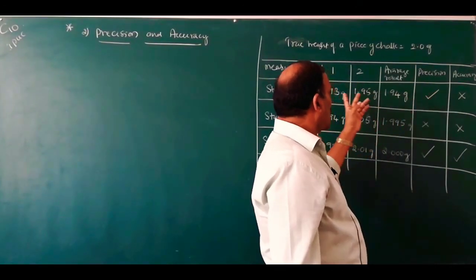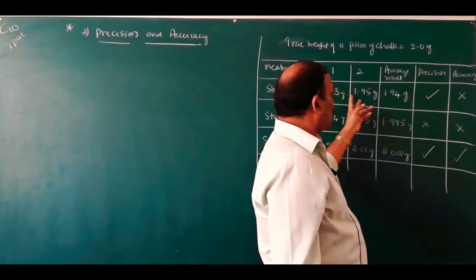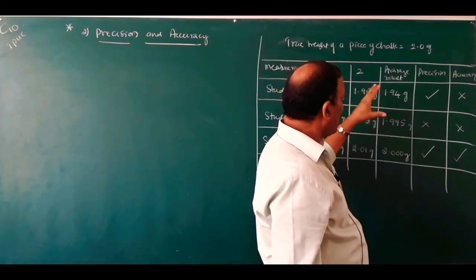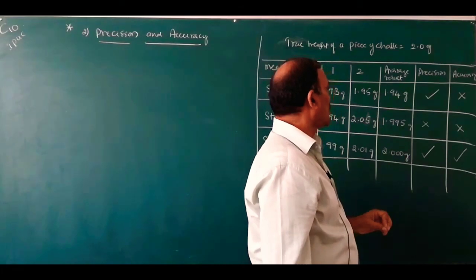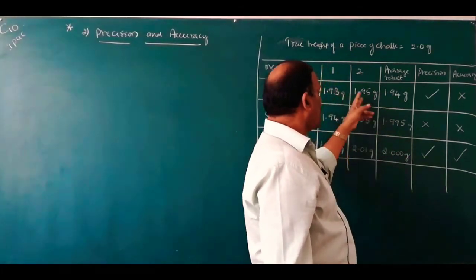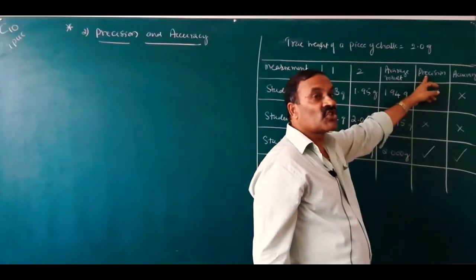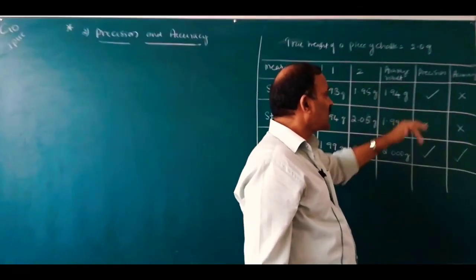Precision means closeness of various measurements of the same quantity. Then what is accuracy?